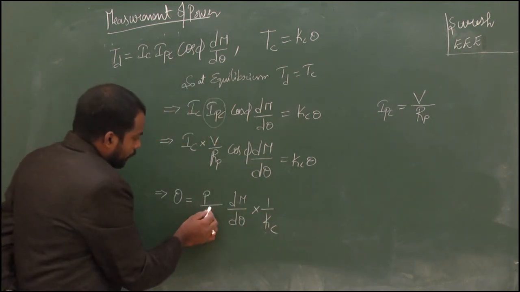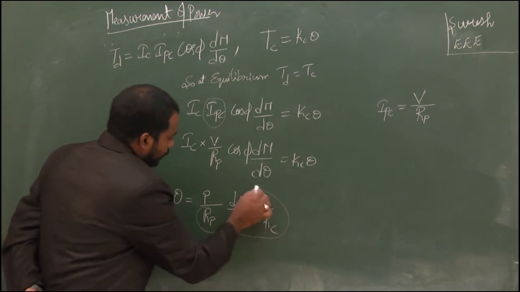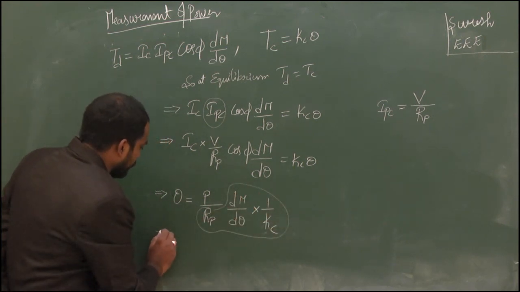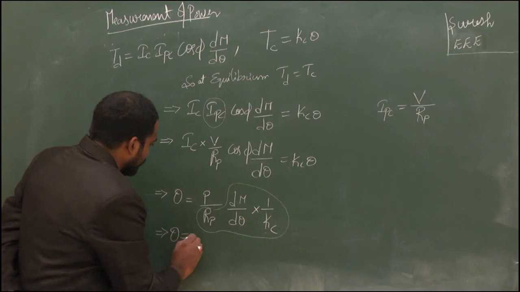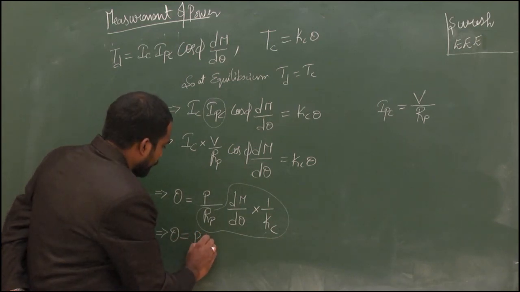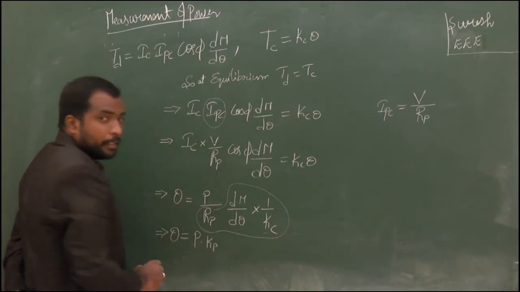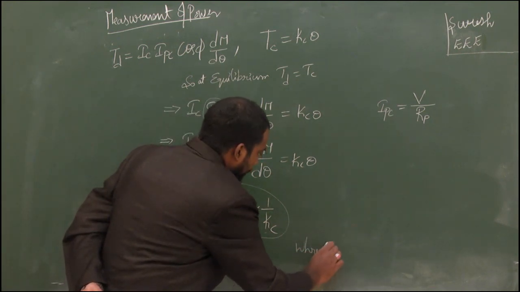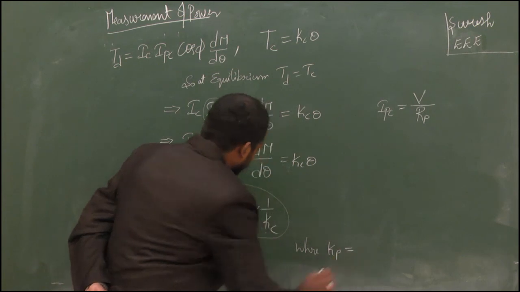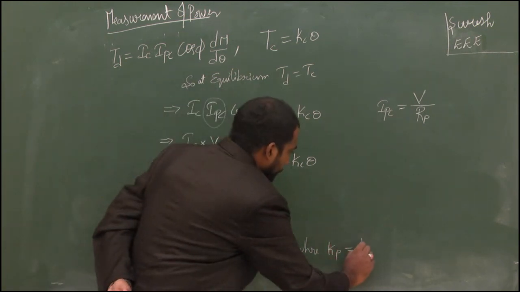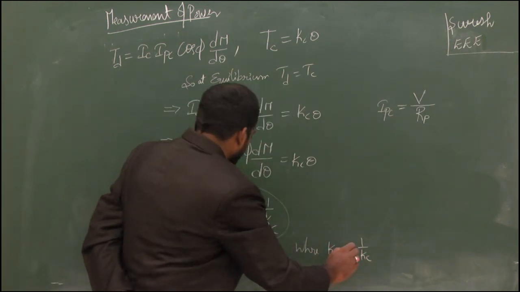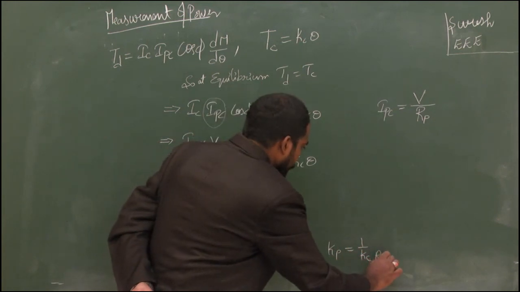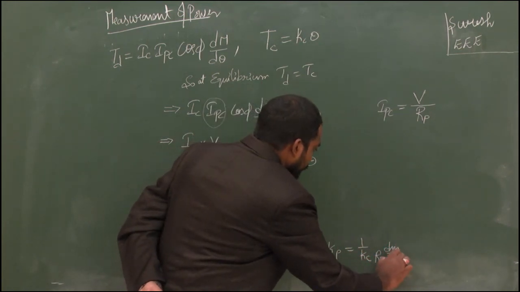This is all constant, multiplied by power. That means theta is equal to P into Kp, where Kp is equal to 1 by Kc Rp dM by d theta.